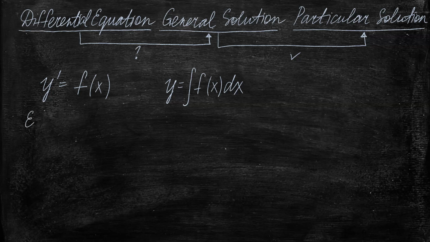Here's an example. Let's solve this differential equation. So y prime is equal to 3x squared minus 4x plus 3 minus 6 e to the x.